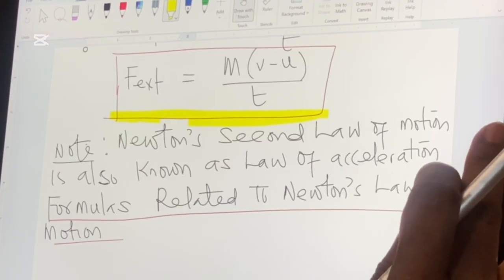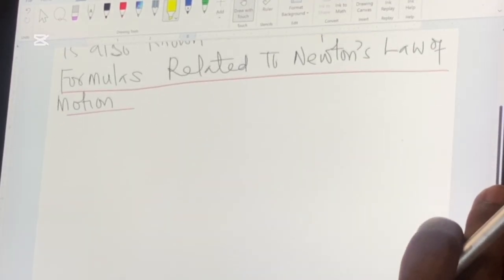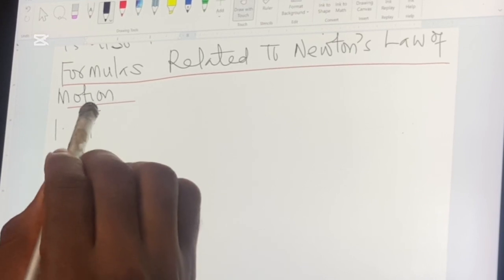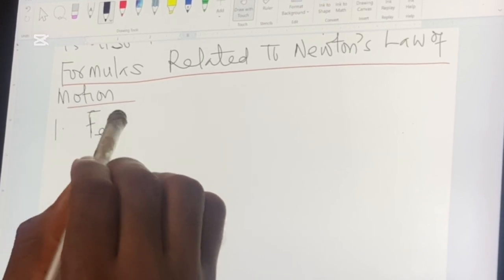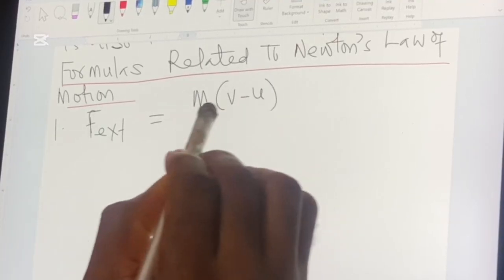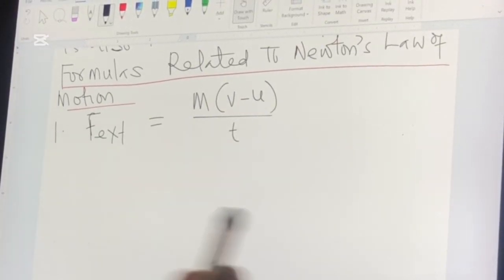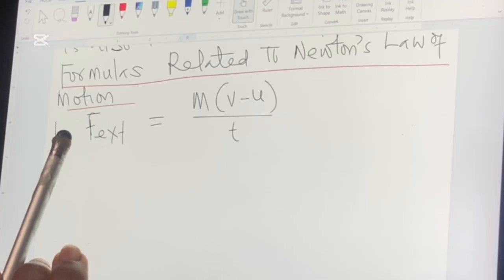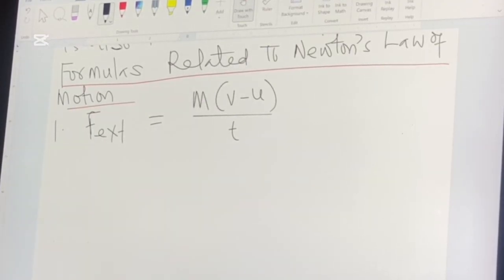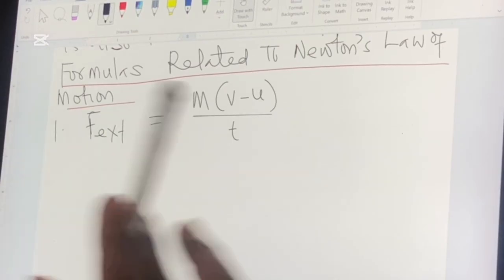The first formula is external force is equal to mass times change in velocity over time.